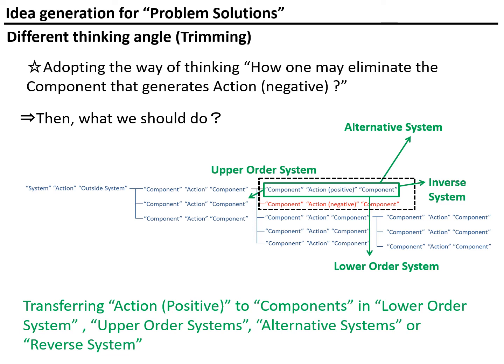Let some component in the upper order system behave to complete the positive action, or you may move the positive function to an alternative system or inverse system, or something in a lower order system may be an alternative. That is how you could apply the trimming strategy for generating new ideas.